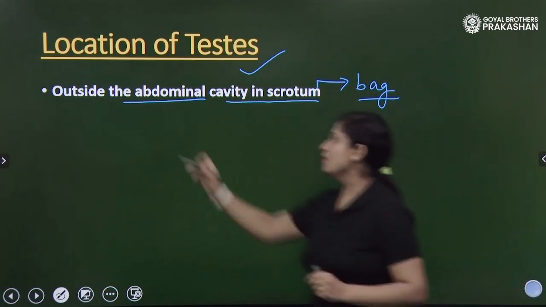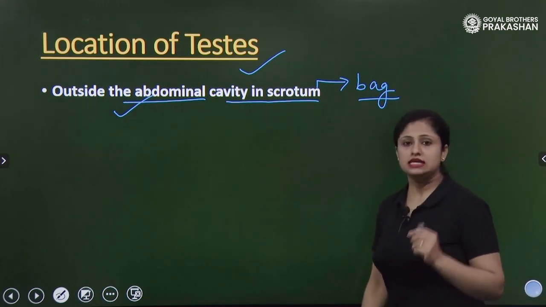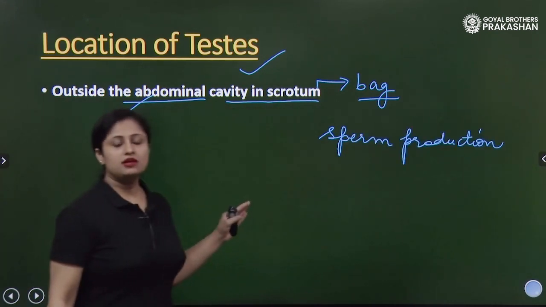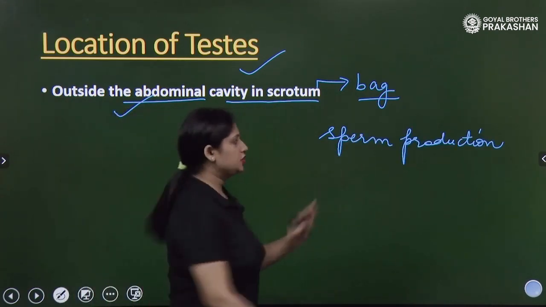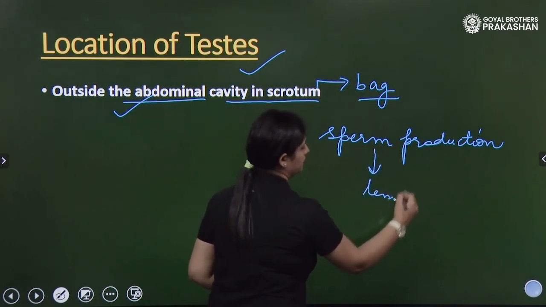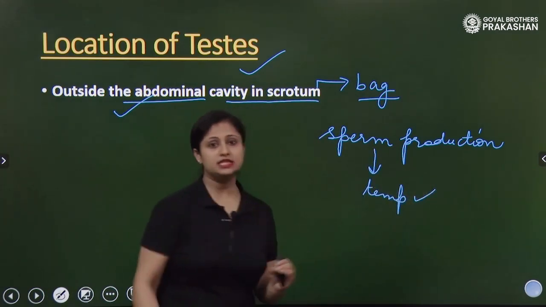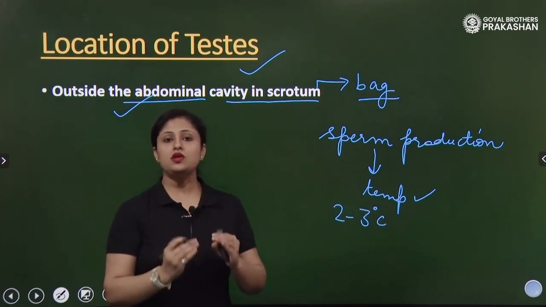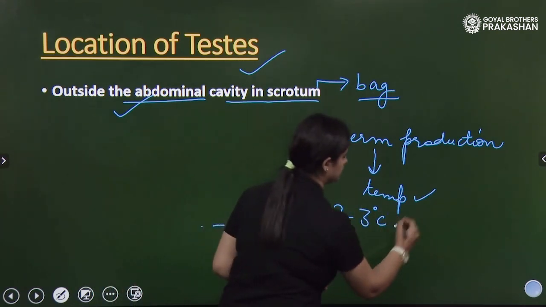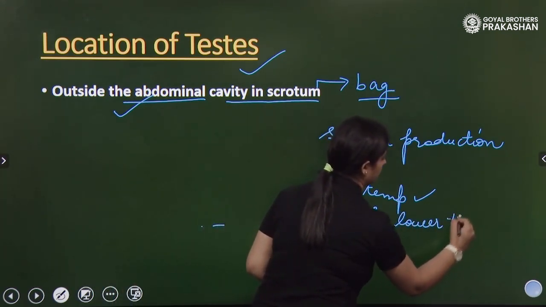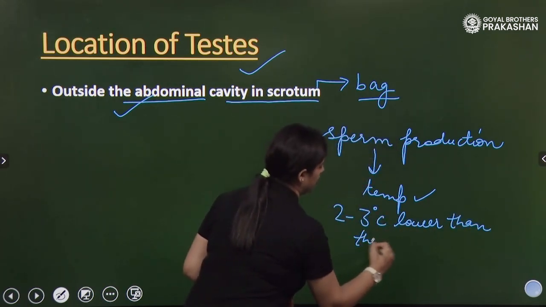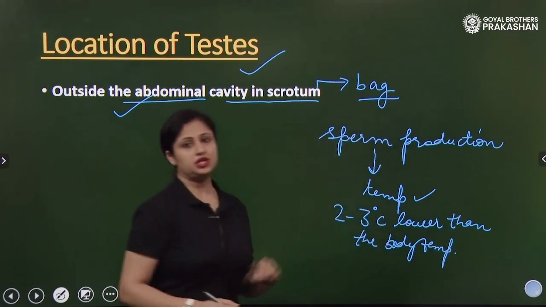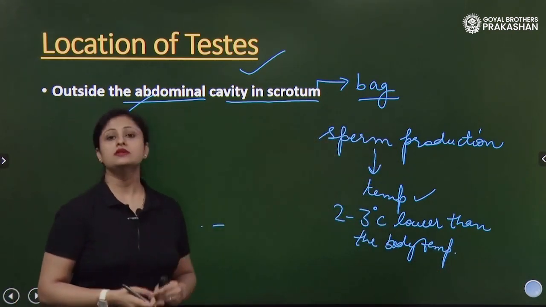The reason for being outside the abdominal cavity is that sperm production needs a temperature 2 to 3 degrees Celsius lower than the normal body temperature. This is the main condition which is needed for the production of sperm.